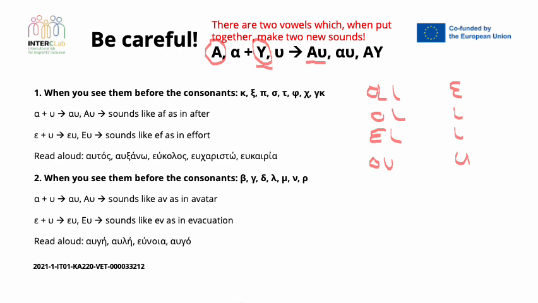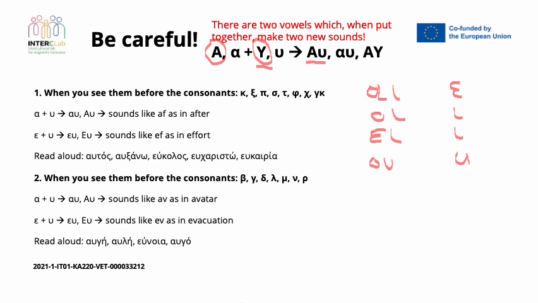But they are a special pair, because when these two vowels are placed next to each other, they make a specific new sound, depending on the consonant that comes after them. So let's see what I'm talking about in a bit more detail.